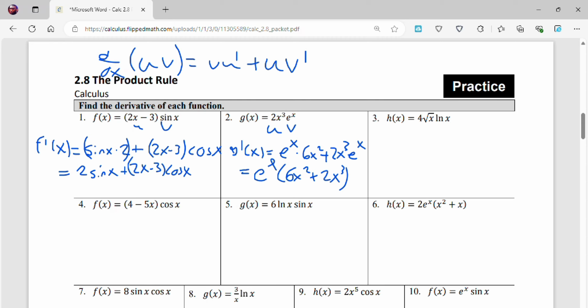Okay, next problem. H of x equals 4 times square root of x times ln x. So ln x is going to be v. 4 times square root of x is our u. Okay, h prime of x equals v times u prime.